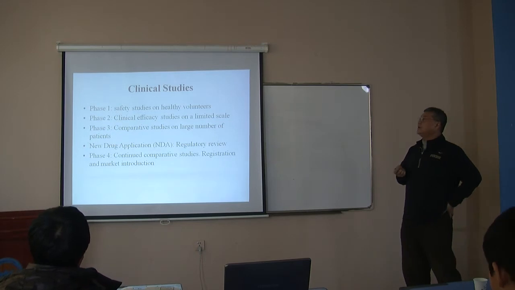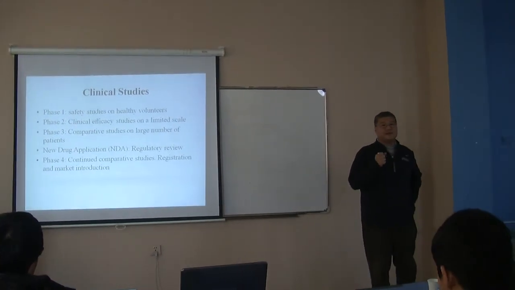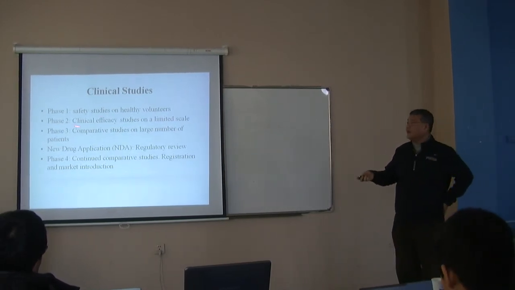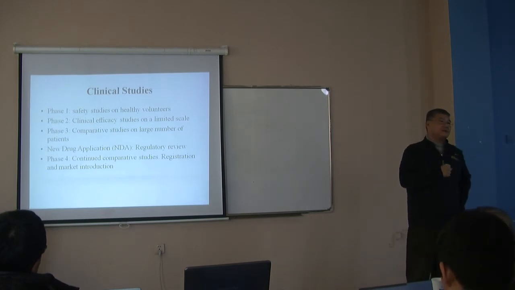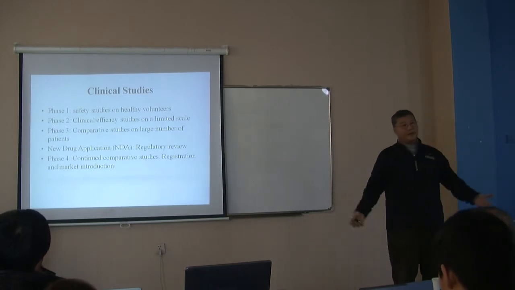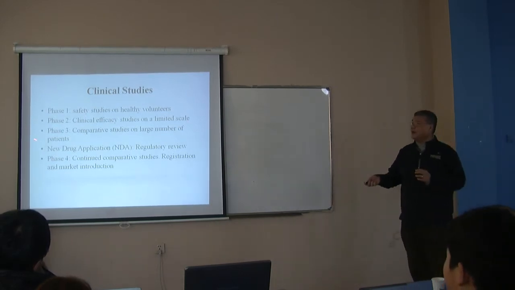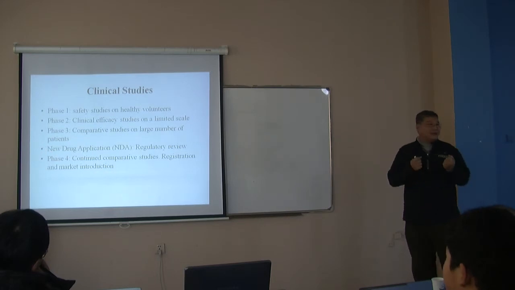Phase 2, we're going to talk about efficacy: how effective this drug is for the patients. And then phase 3 is long-term efficacy for the patients with a greater variety of patient groups. And then you're going to have a new drug application. From this moment, you're going to be making money.